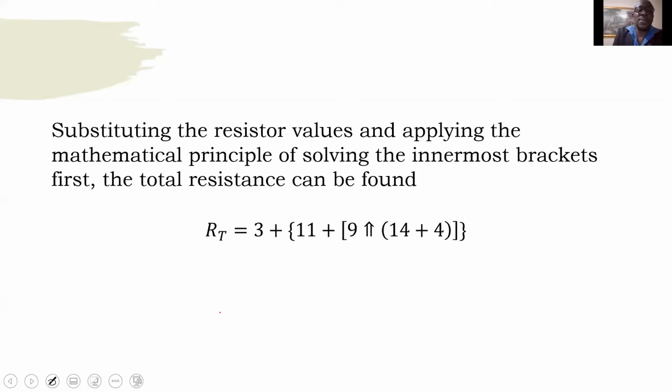So I have 3 in series with the rest of the circuit, which consists of 11 in series with the rest of the circuit, which consists of 9 in parallel with the rest of the circuit, which consists of 14 in series with 4. Innermost brackets, it means that I'm going to start with 4 and 14, then expand to 9, then expand to 11, and then expand to 3. All right? So let's see how that works.